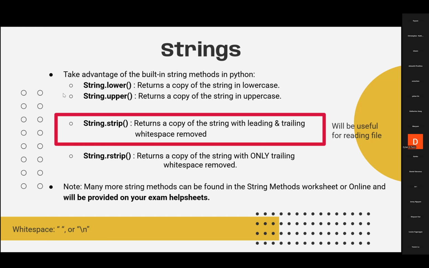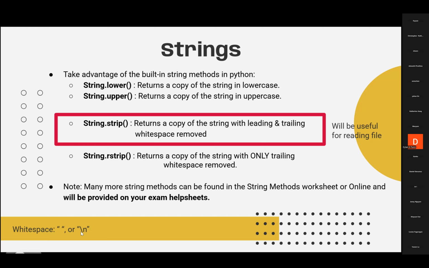And then string.strip returns a copy of the string with leading or trailing white space removed. So if you have space ABC space, and you say space ABC space dot strip, it will return ABC because the trailing and the leading white space will get removed.